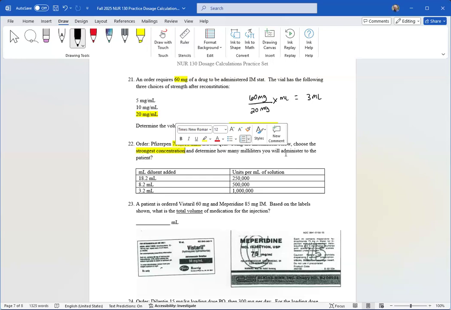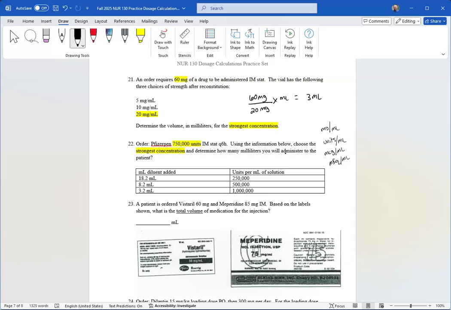So when we say concentration, we're talking about milligrams per milliliter, units per milliliter, micrograms per milliliter, milliequivalents per milliliter. So when we say concentration, that's what you're looking for. Concentration means it's a liquid suspension that could either be swallowed or injected or delivered via IV.